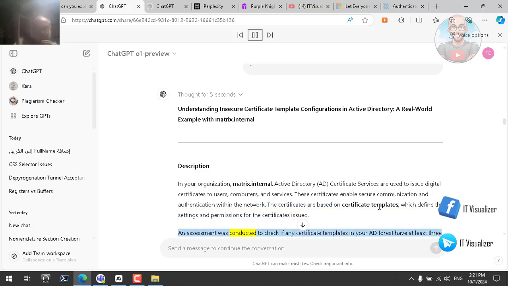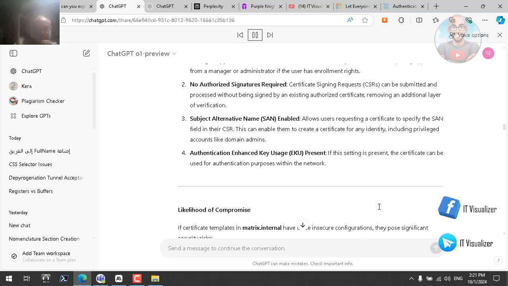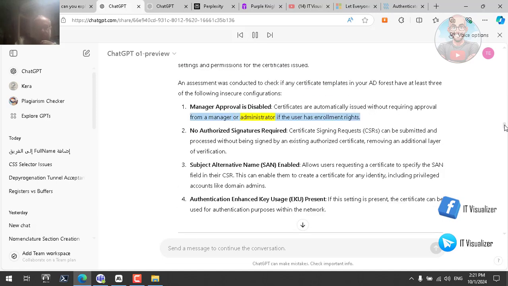An assessment was conducted to check if any certificate templates in your AD Forest have at least 3 of the following insecure configurations. Manager approval is disabled. Certificates are automatically issued without requiring approval from a manager or administrator if the user has enrollment rights. No authorized signatures required. Certificate signing requests, CSRs, can be submitted and processed without being signed by an existing authorized certificate, removing an additional layer of verification.